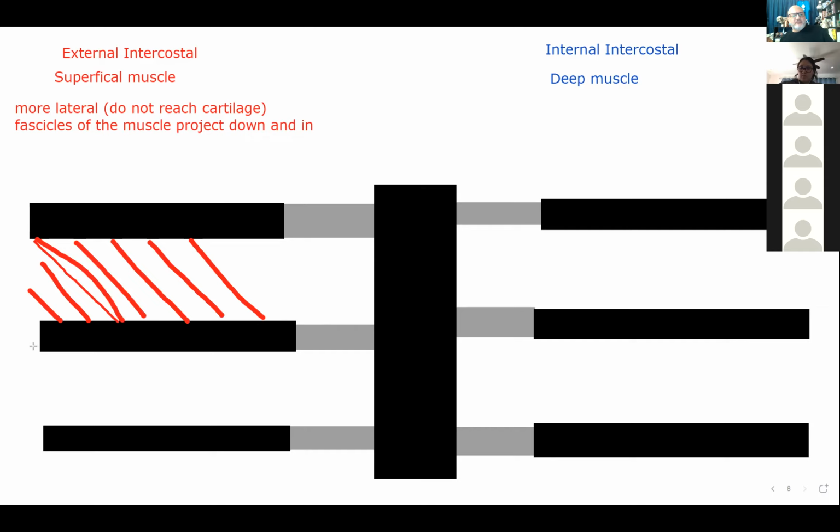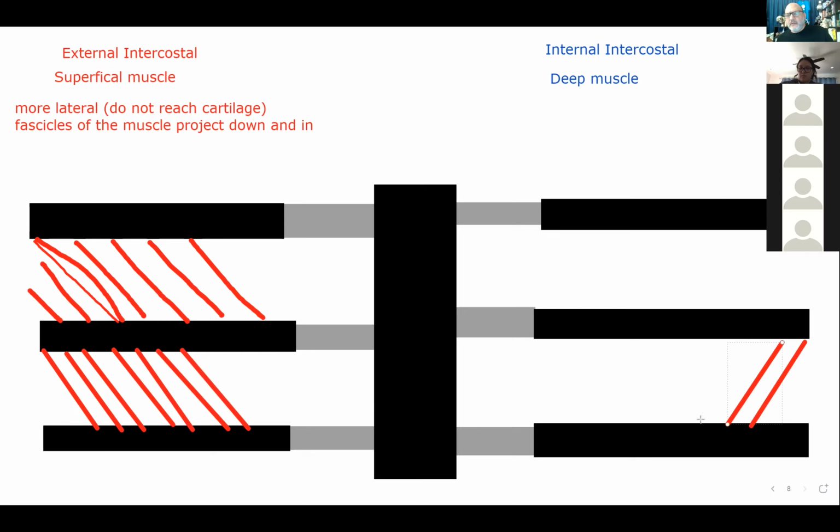We'll use straight lines so that they're prettier. Now, again, notice I've done this on the right side. These are obviously found on the left side as well. And again, they are lateral, they are superficial, and their fascicles project down and in.